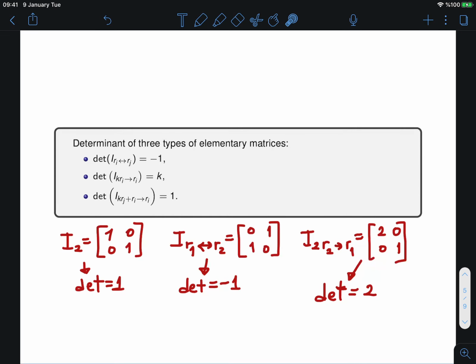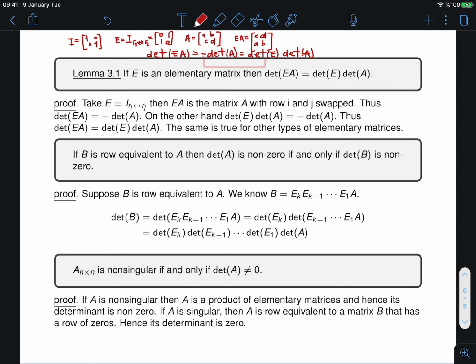So if we go back, the first type of elementary matrix always has determinant minus 1. The third one always has 1. And the second one has k. And remember, k cannot be 0 here. So k equals 0 is not allowed for the second type of elementary matrix. So if we go back, we have proved this theorem.